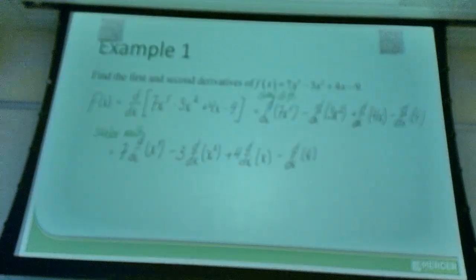Well, now we just have it as a bunch of power functions. So power rule. Derivative of x to the fifth by the power rule: 5x to the 5 minus 1. I'm just going to break it down this way for this one problem.